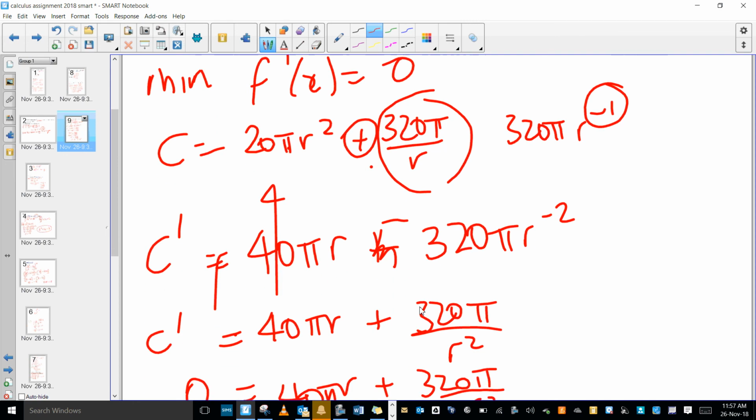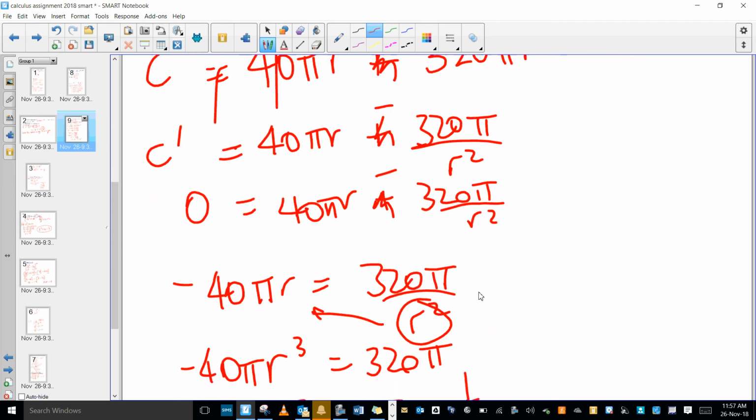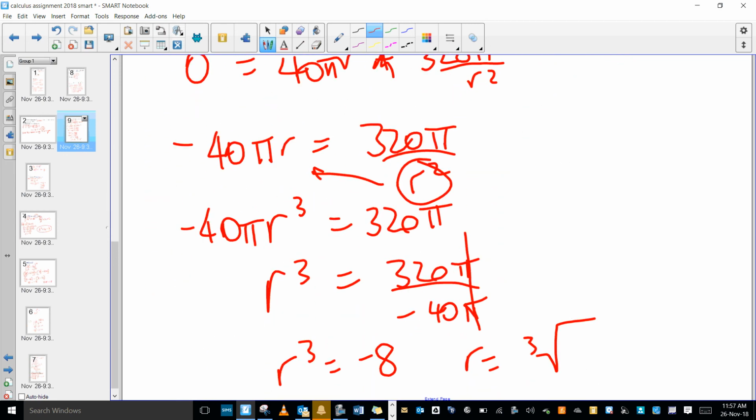I was thinking something's going wrong here. So these are not minus anymore. Okay, so the cube root of 8, which is 2. So the value of r is 2.